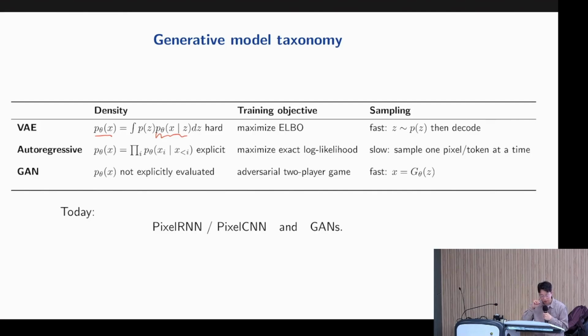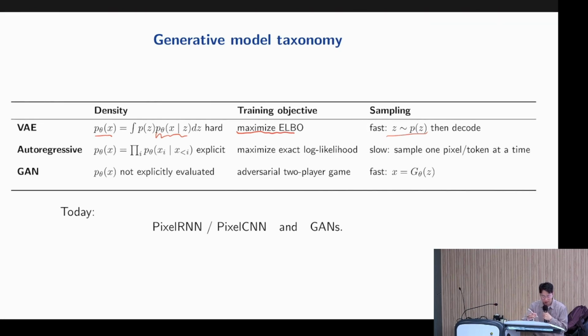So this is a neural network, has SiLU, ReLU, etc., which is not analytically integrable. So we ended up maximizing the lower bound. And once we finished training, sampling was fast. We sampled some IID, easy to sample distribution, then pass it through the decoder for one-shot generation.